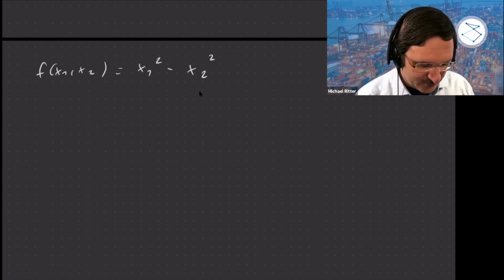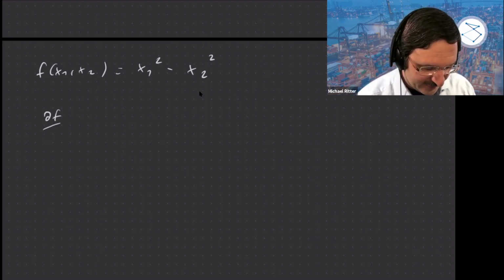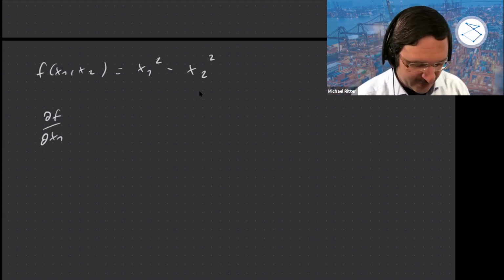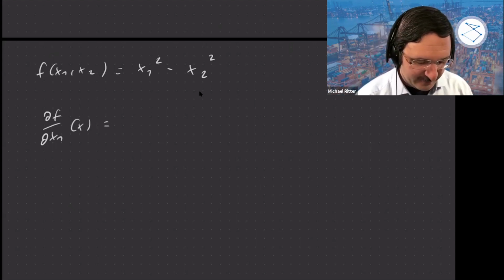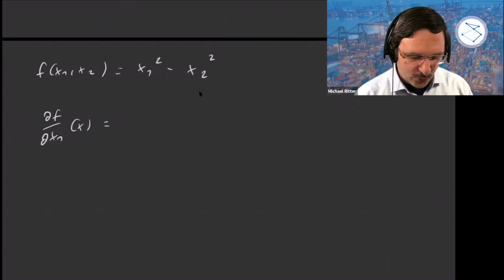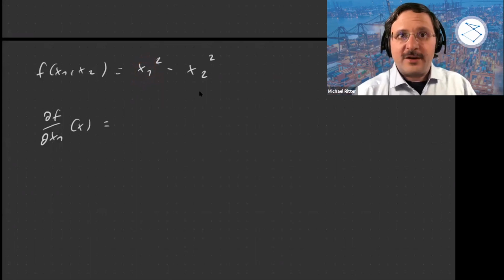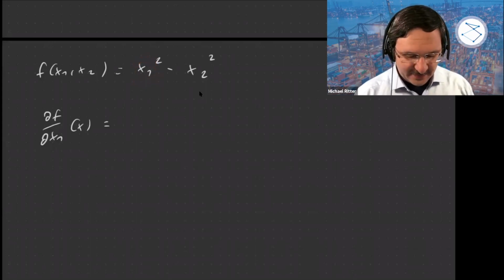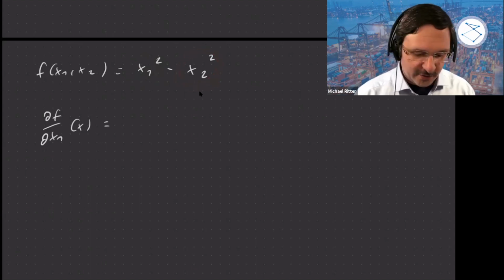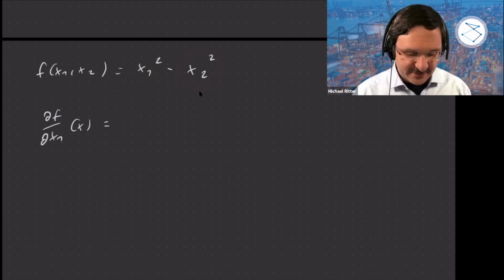So we need to determine df dx1, the partial derivative with respect to x1 of f. That means we treat x1 as the variable, we differentiate for that, and we treat everything else as constant. So x2 is treated as a constant.